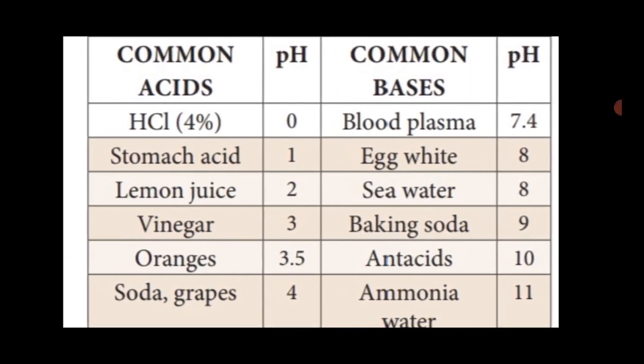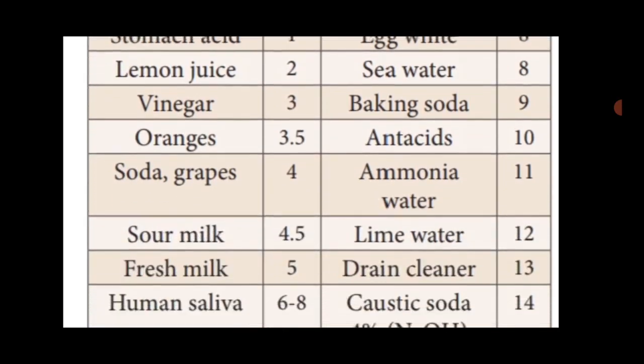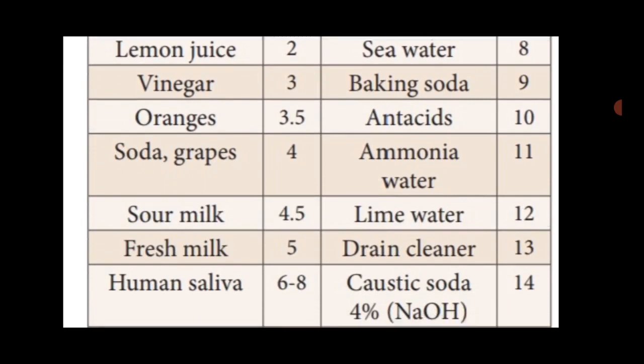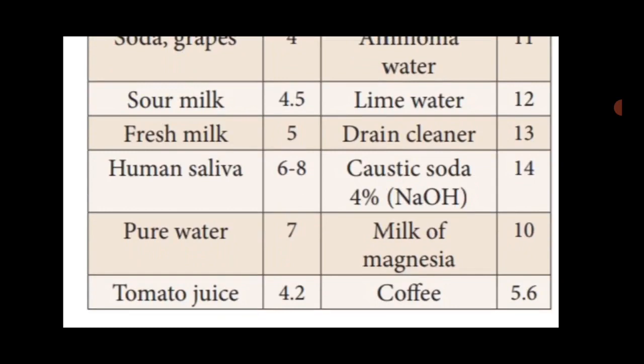Let's see the pH values of other substances. Blood plasma 7.4, egg white 8, sea water 8, baking soda 9, antacid 10, ammonia water 11, lime water 12, drain cleaner 13, 4% NaOH pH 14, milk of magnesia 10, coffee 5.6.